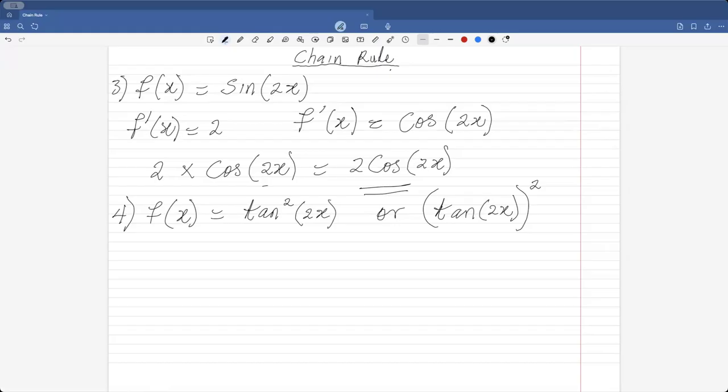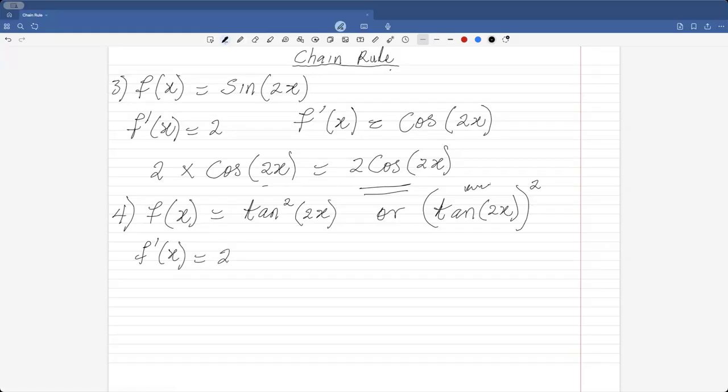Now, the derivative of the inside function, making use of this, is nothing but f prime x equals. Now, if you look at the inside function, you will realize that it is also a complex function. So we need to be careful when finding its derivative. So the inside of the inside function is nothing but 2x. So the derivative of 2x is nothing but 2.